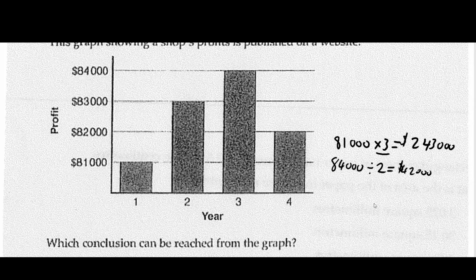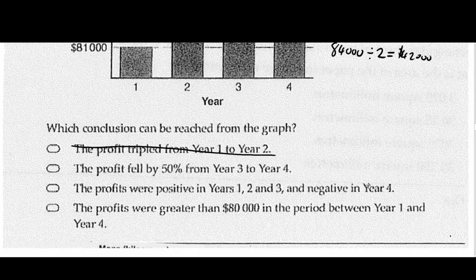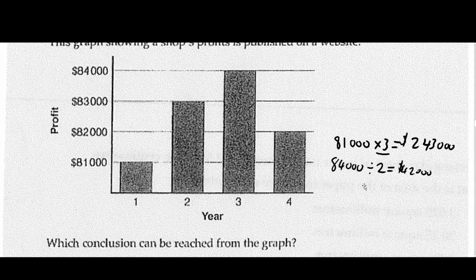So no, year 4 is 82,000. So no, it didn't fall by 50%. That's the wrong one. The profits were positive in years 1, 2, and 3 and negative in year 4. No, the profits are all positive here. There's no losses. All of them are positive.